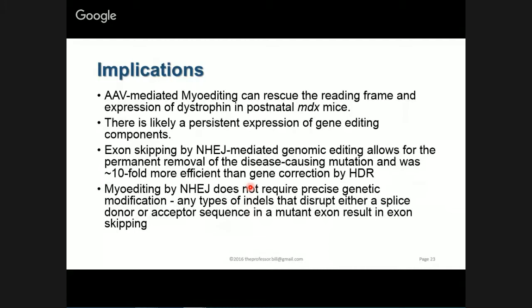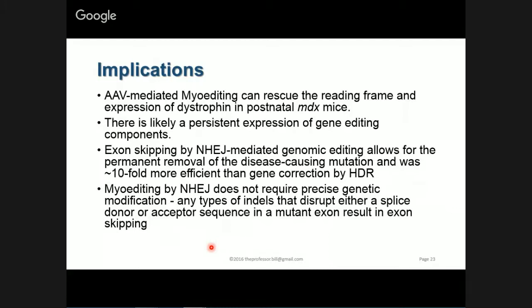That's pretty remarkable for him to say, because his Science 2014 paper was one of the most cited papers for using germline editing to cause recovery in the adult animal that had muscular dystrophy. So this myo-editing seems to be really successful.